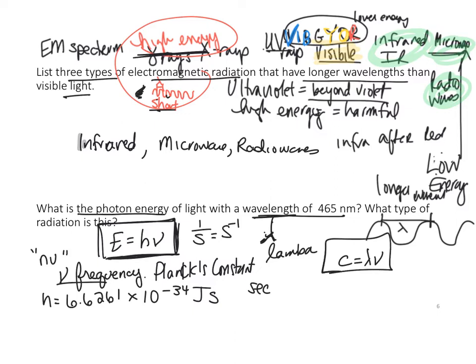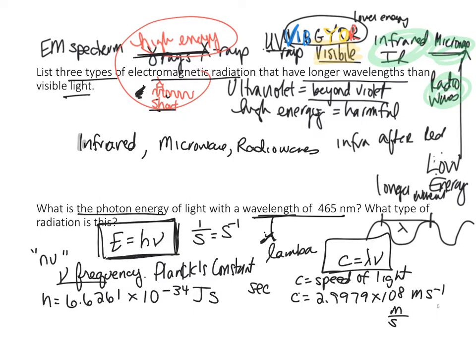If you take a wavelength times its frequency, it's always going to equal the speed of light. c is the speed of light. And the good news is you don't have to memorize that either because that's on your periodic table. c equals 2.9979 times 10 to the 8th meters per second, which is the same thing as meters times second to the negative 1.